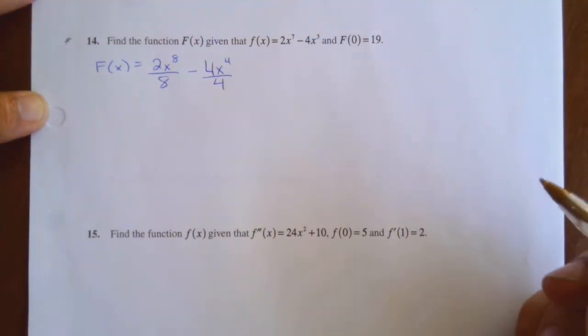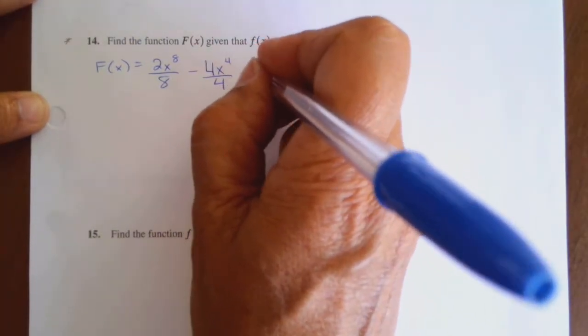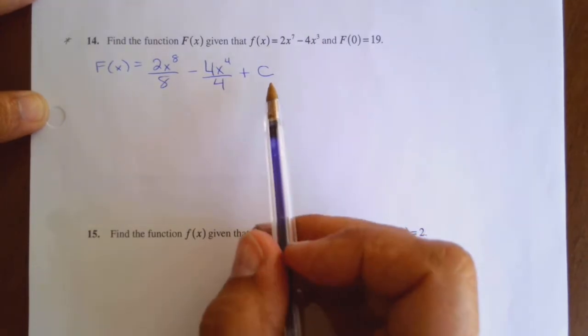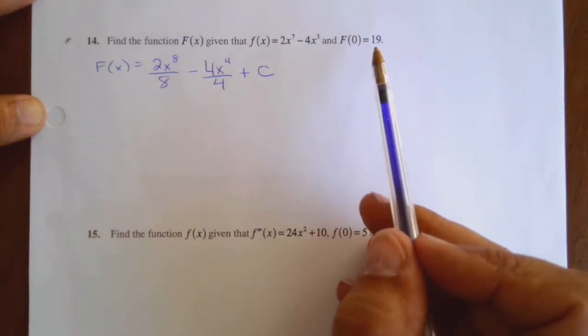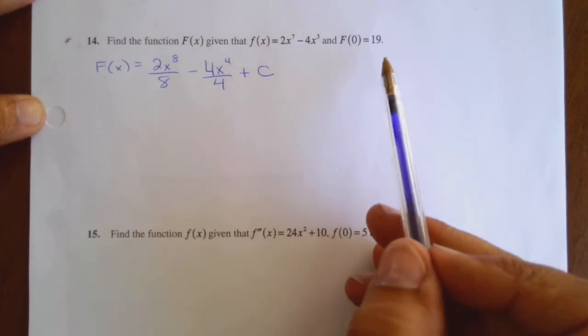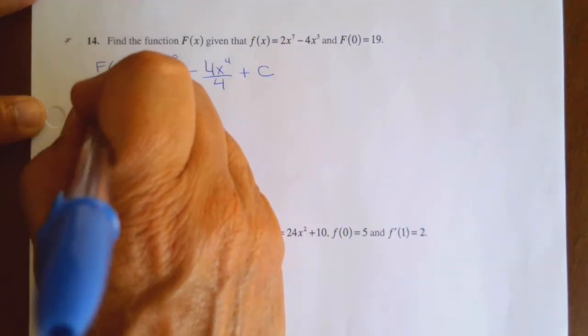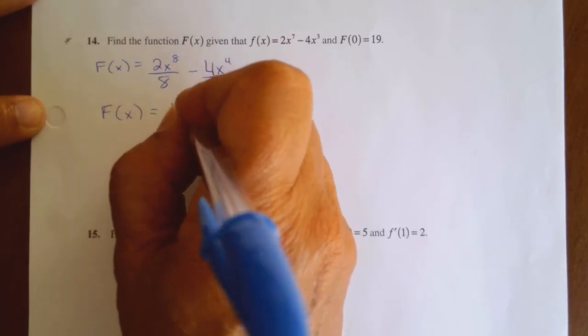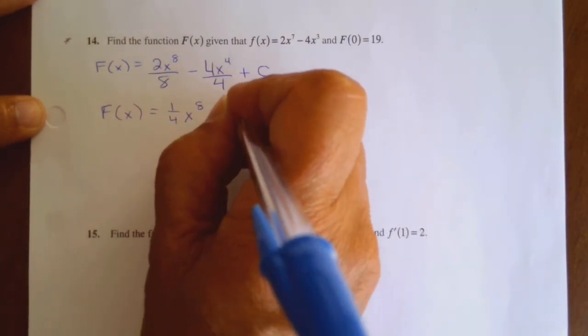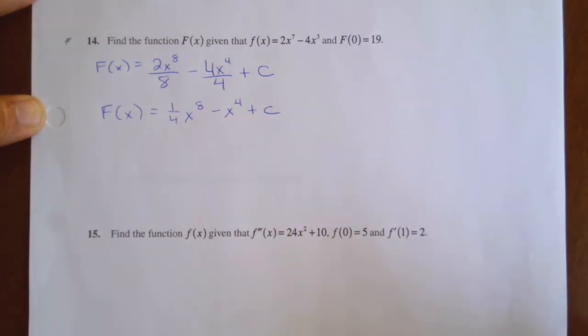Right, so add 1 to each of those. And then don't forget, we always have to add in that constant because we don't know what that is for any function. And again, on this one, we are going to know what it is because they gave us that initial condition. All right, so let's go ahead and simplify that before we figure out what c is. So this would be 1/4 x to the 8th minus x to the 4th plus c, right?